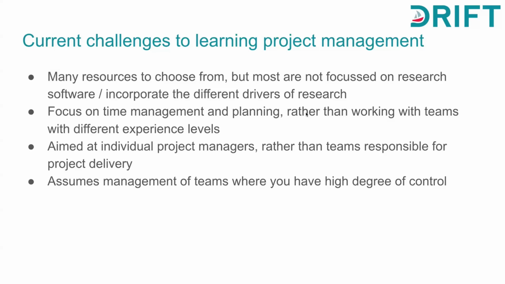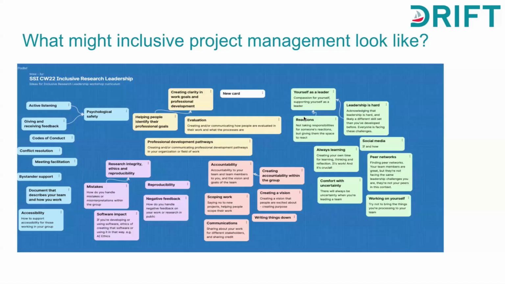And one of the key inspirations we have is from some work that Tracy Teal, previously of the Carpentries and now of Open Archive, was looking at in terms of what inclusive project management would look like. This was examined at the SSI's Collaborations Workshop in 2022, where we got people to provide ideas of the different sorts of topics that we're looking at the person-centered part of project management for research software, as opposed to the process management focused elements of management.